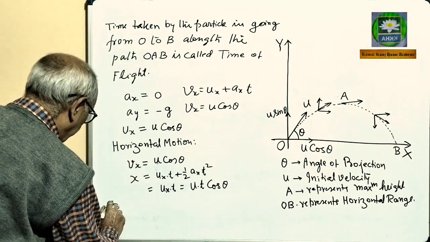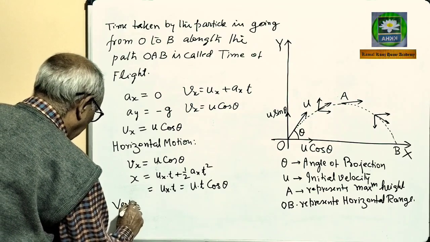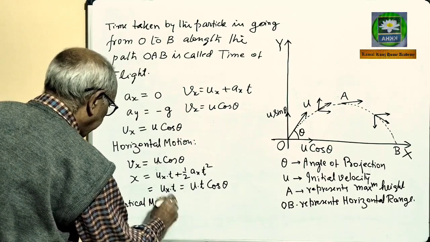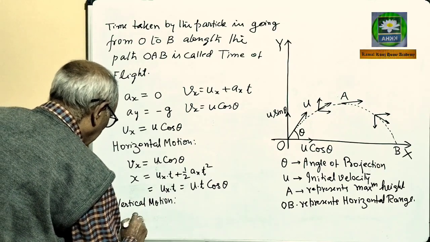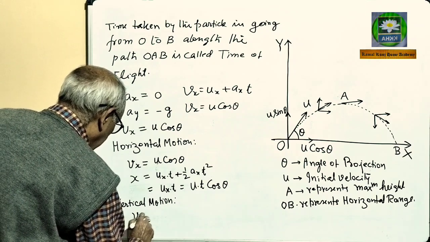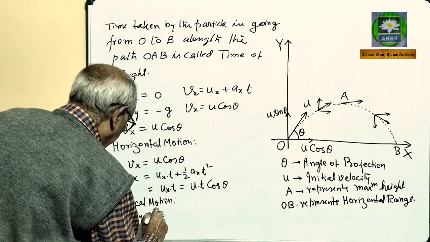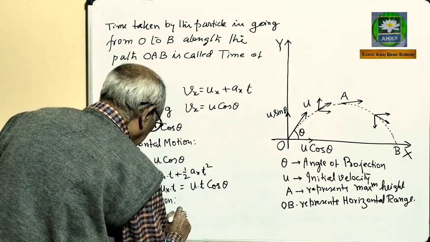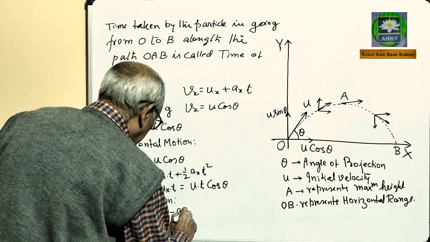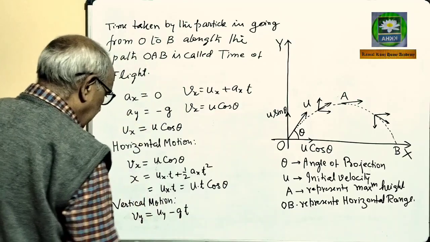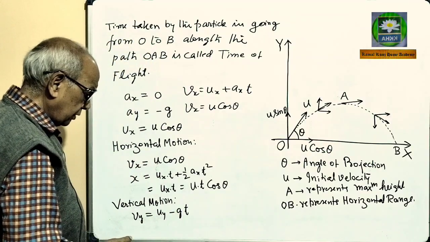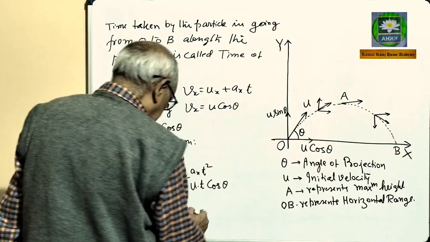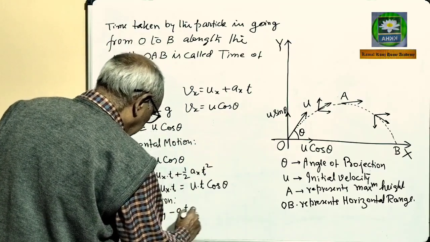And vertical motion. vy is equal to uy minus gt. This g is the acceleration due to gravity which is acting on the particle. Since the particle is going up, it will be minus g, acting as downward acceleration.